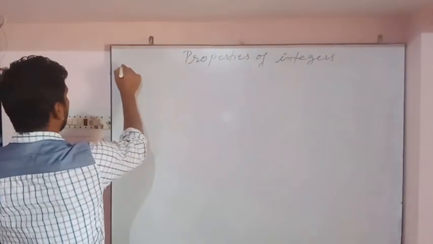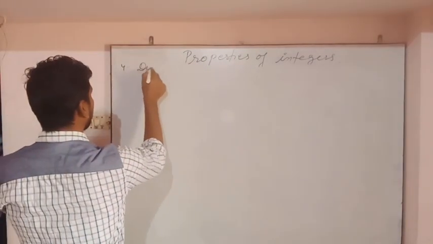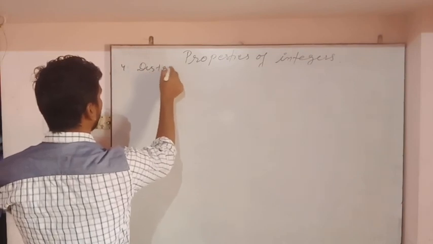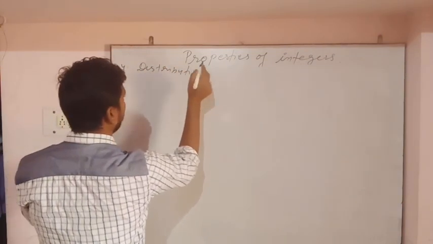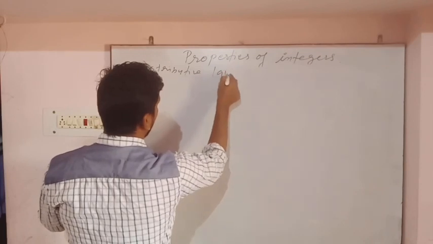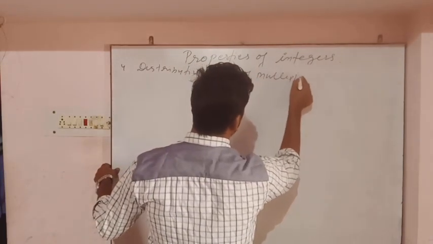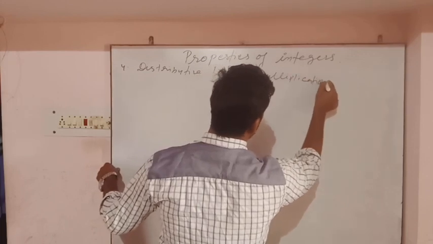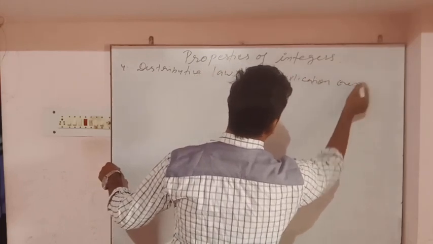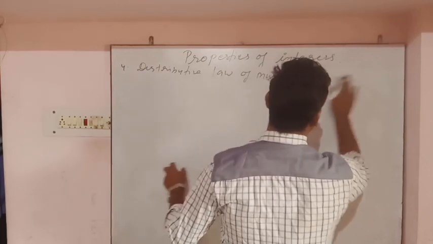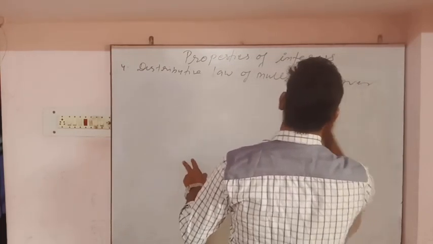So this is the fourth number, distributive law of multiplication over addition.